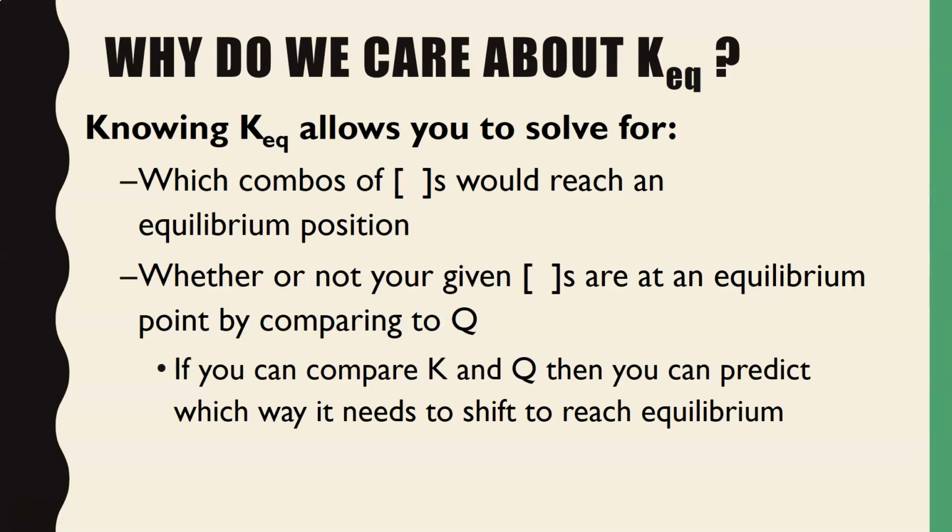Let's do a problem where you have to decide if you're at equilibrium or not. And if not, which direction would the reaction proceed? Forwards or backwards? To the right, to the left? So here's the practice problem.